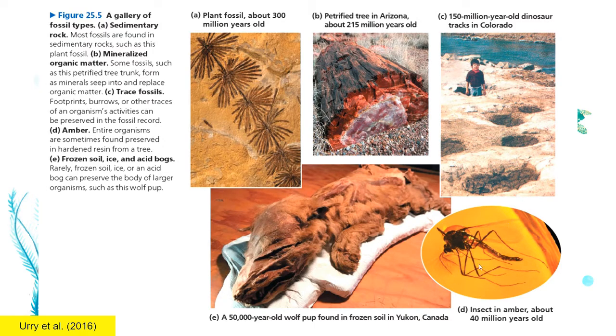So this one is an insect in amber, about 40 million years old. And then we also have frozen soil, ice, and acid bogs. Those are good substrates for preserving. In this case, a 50,000-year-old wolf pup found in frozen soil in Yukon, Canada.